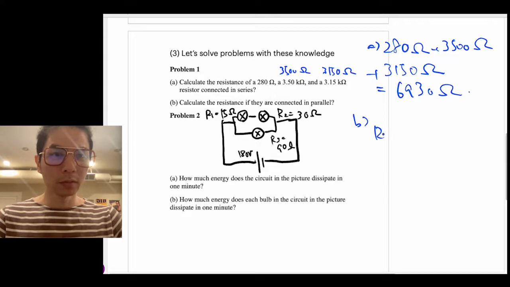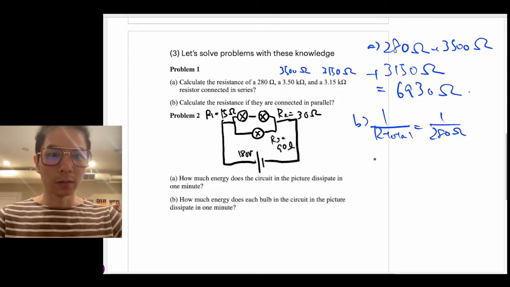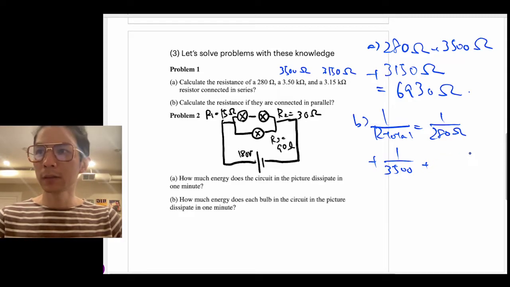Our total equals R1, which is 280, plus R2, which is 3500, plus the R3, which is 3150.